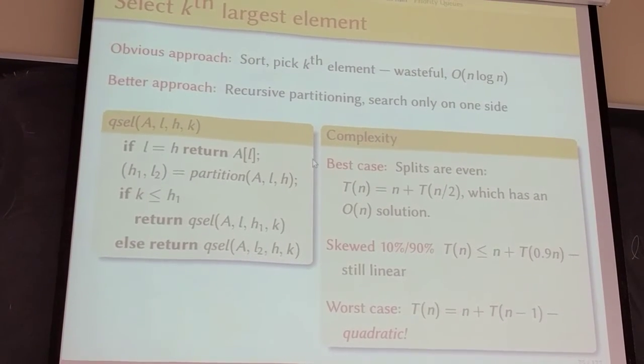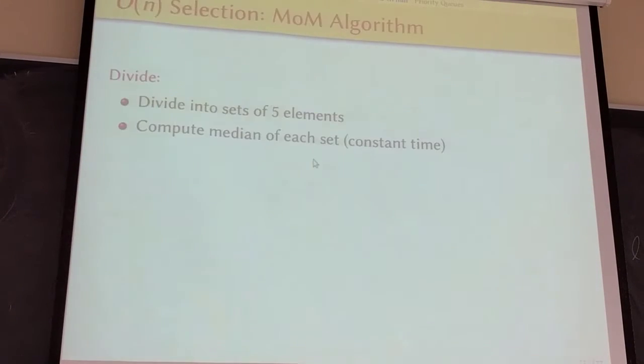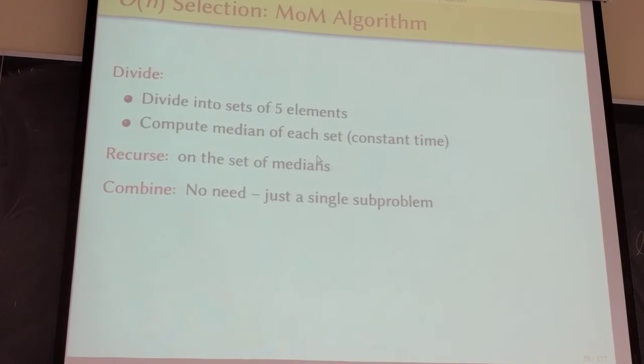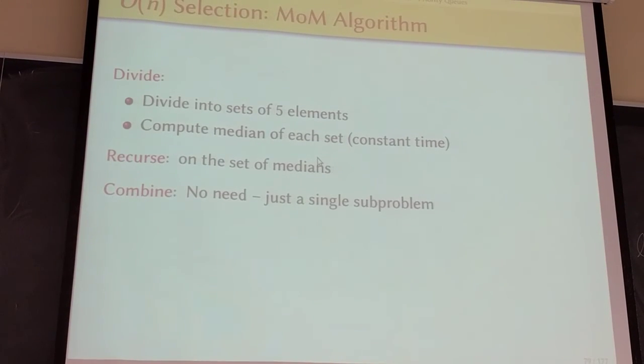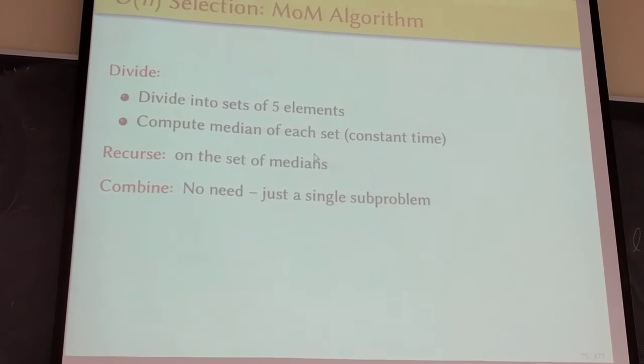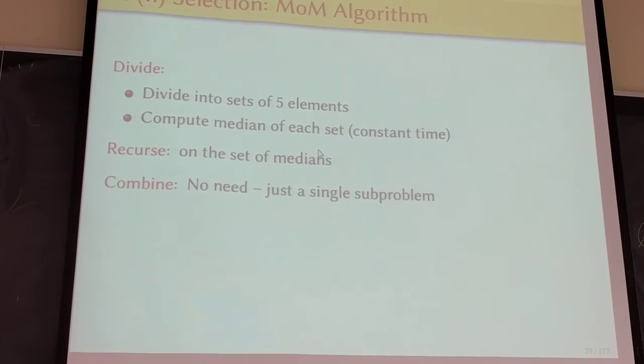So if you can get 30, 70, well, certainly we'll get linear time, and that's what this median of medians algorithm for selection does. Okay, so we'll continue in the next lecture.